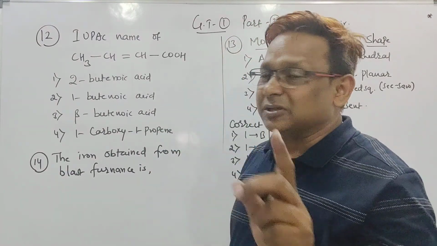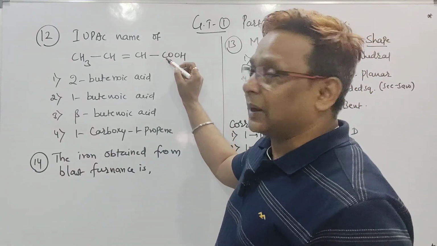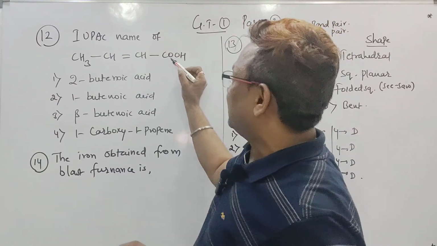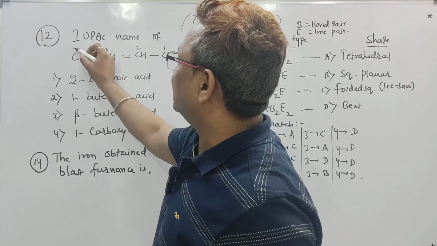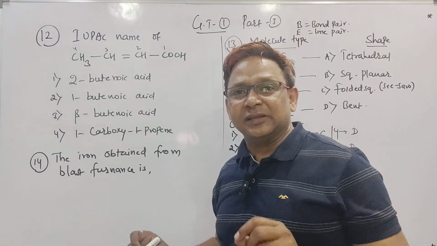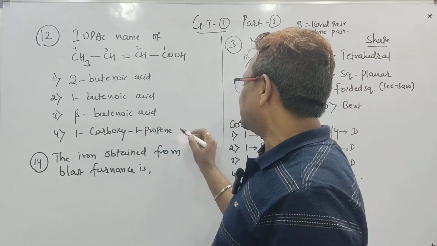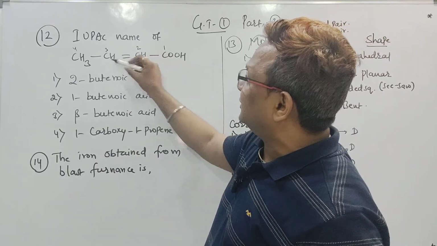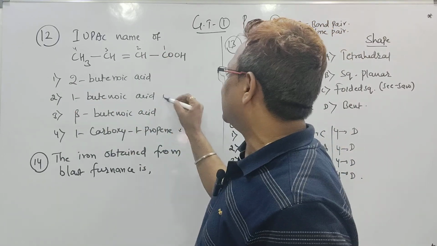For IUPAC, just count here. It is an acid, and this acid group carbon is called the chain terminating functional group, and that carbon will be numbered as 1, then 2, then 3, then 4. How many carbons are there, sir? 4. So BUT. This is not the answer, leave it. Then the double bond is present between 2 and 3, so 2-ENE. 1-ENE is not the answer.